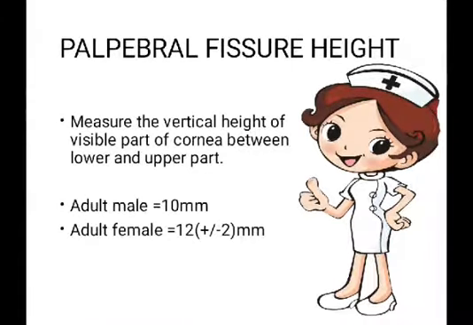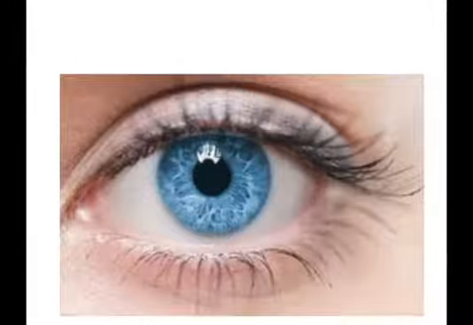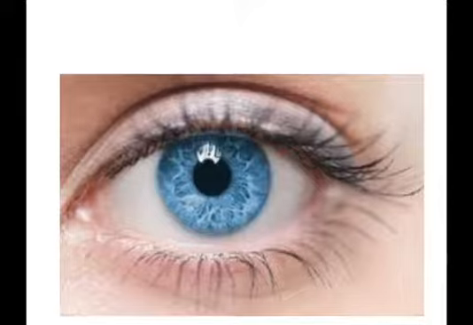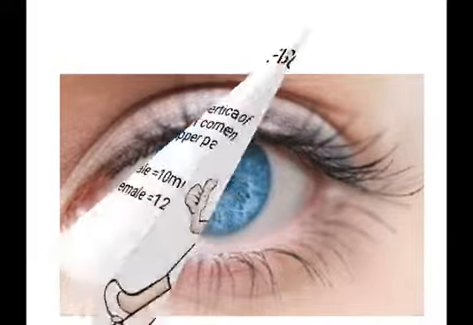Next test is palpebral fissure height. Here we measure the vertical height of the visible part of the cornea between the lower and the upper eyelid. This is the visible part of the cornea, and we have to measure its vertical height. This gives us the palpebral fissure height.